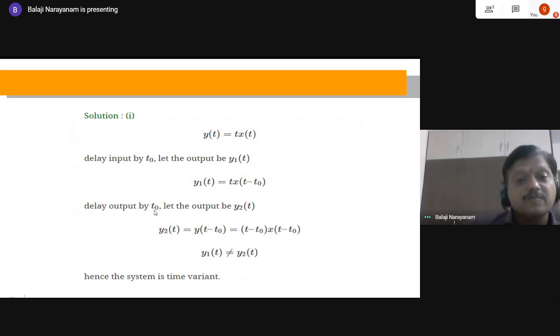Delay output by t naught, let the output be y2 of t. y2 of t is equal to y of t minus t naught. That means we are delaying the output, and we need to substitute t minus t naught wherever t is there in that equation.